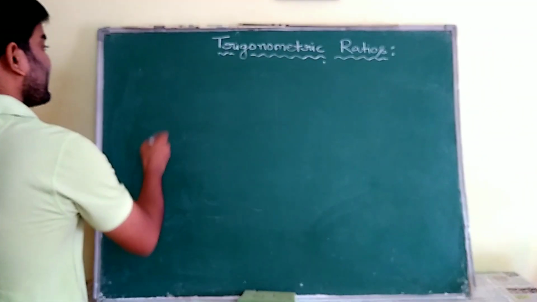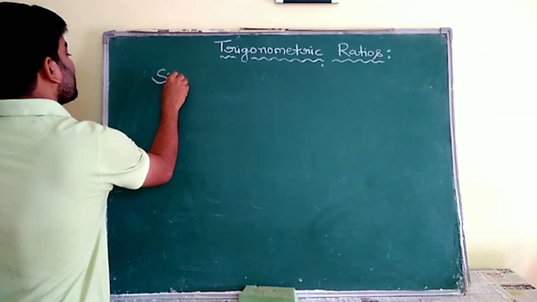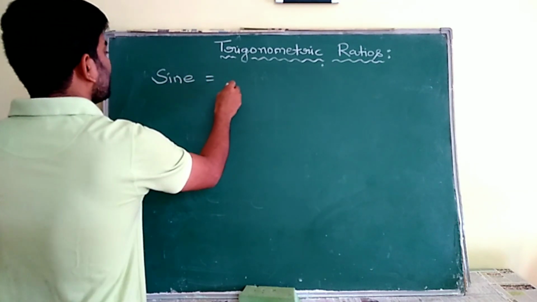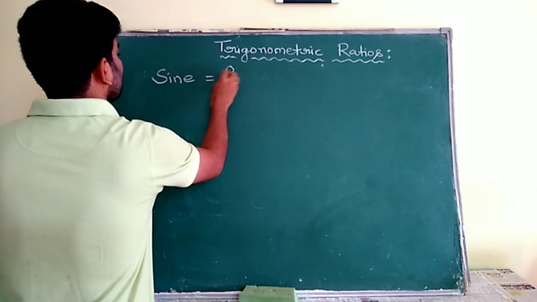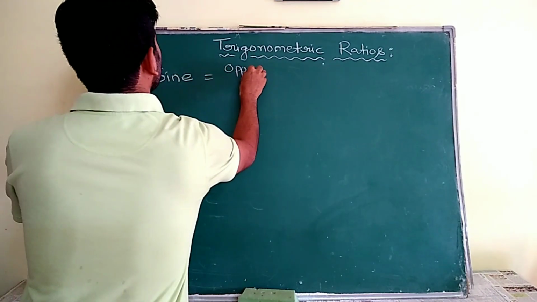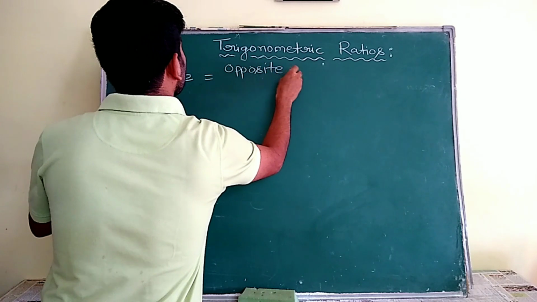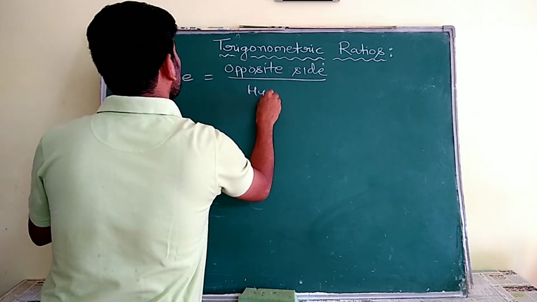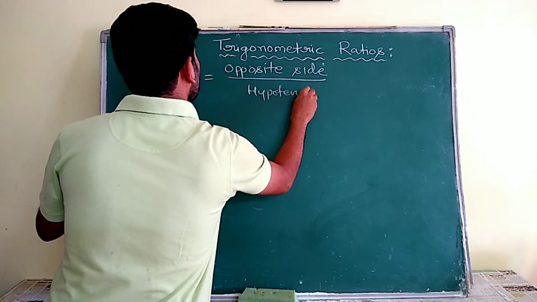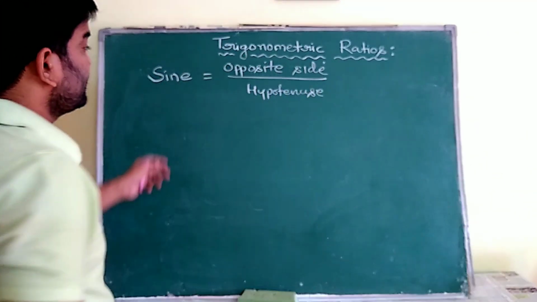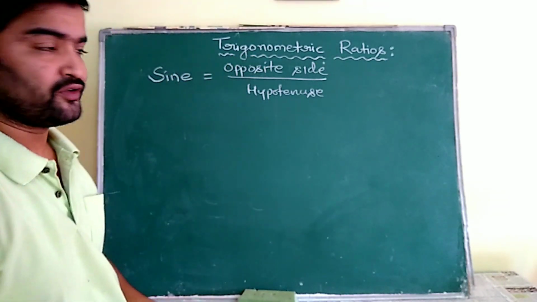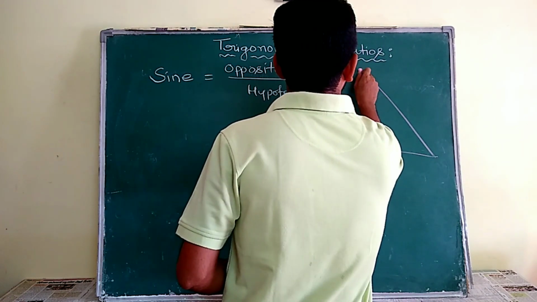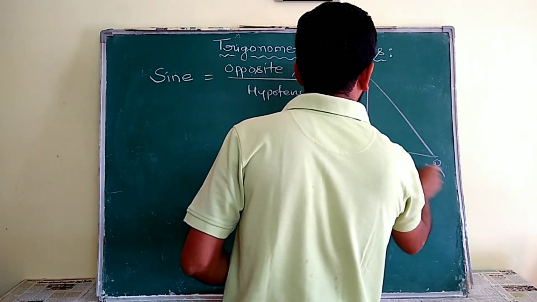The first trigonometric ratio is sine, S-I-N-E. Sine is nothing but opposite side by hypotenuse. For example, consider a triangle PQR.